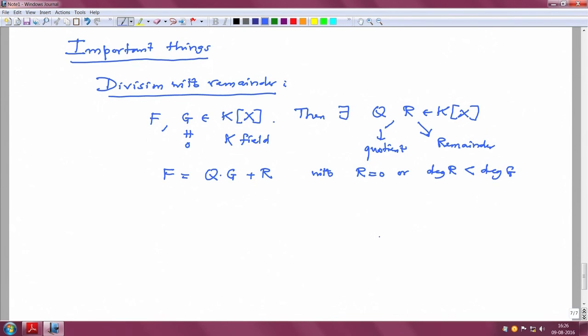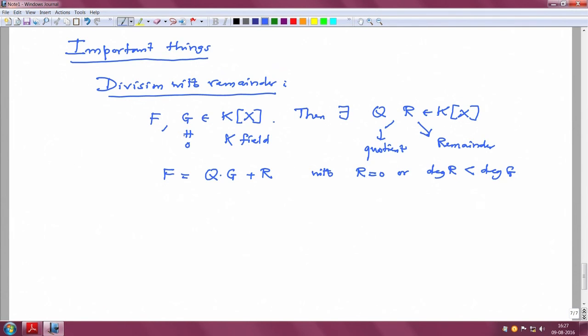One has to be careful here, I have to say this separately because we have not defined the degree of a 0 polynomial.